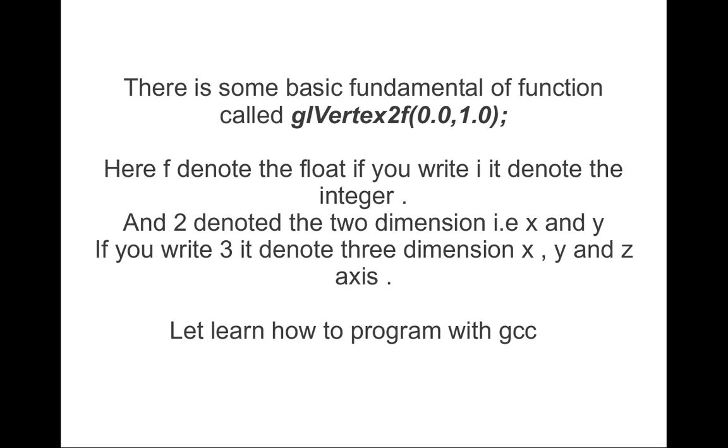The f represents the floating value. If you write i instead of f, you don't have to write values in decimals. Here 2 represents the dimension. Before the comma it represents the x-axis, and after the comma it represents the y-axis.